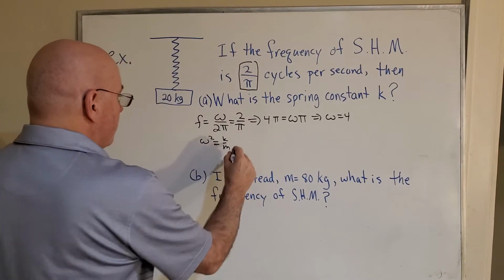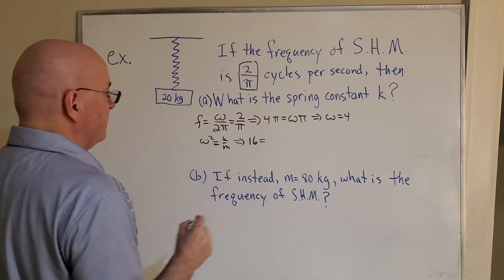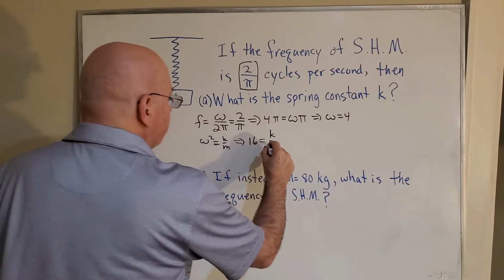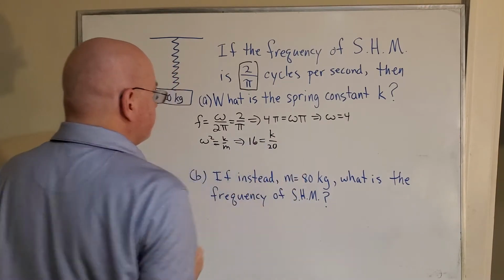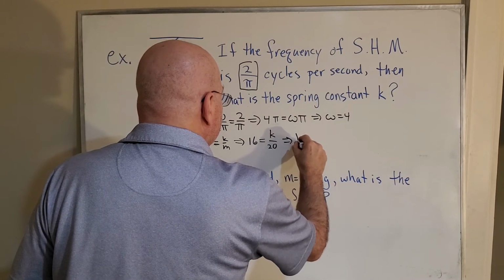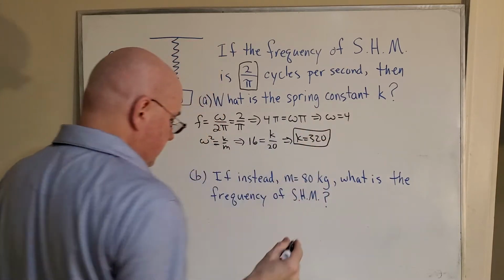Well, omega is 4. So 16 equals K over the m is 20. So multiply both sides by 20. K equals 320. That's the spring constant.